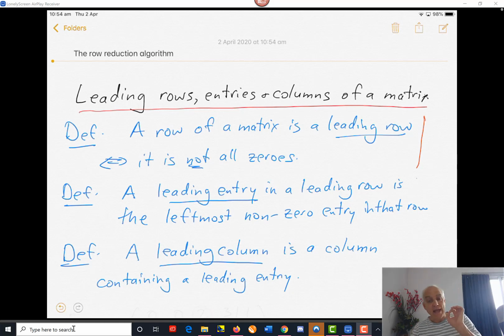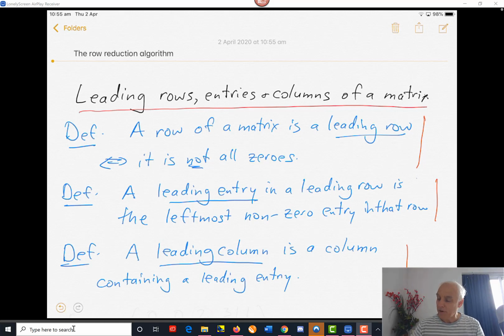Second definition, a leading entry in a leading row is the leftmost non-zero entry in that row. As you read from left to right, you might have a few zero entries, and then you get to something non-zero. That first one that you get to is the leading entry in that leading row. And finally, a leading column is just a column containing a leading entry.